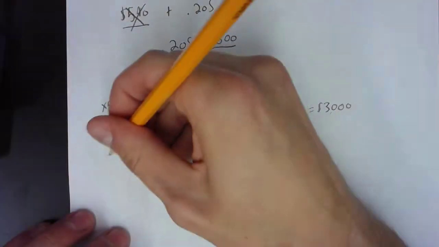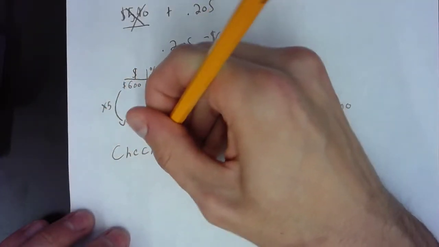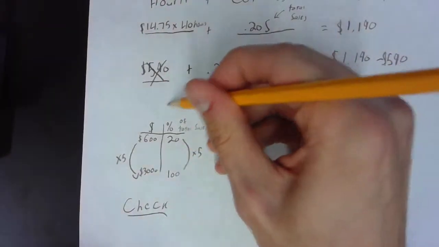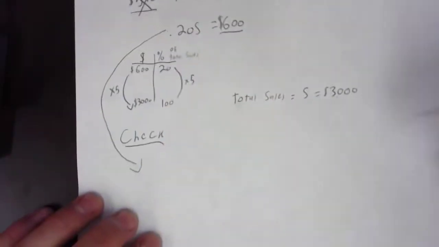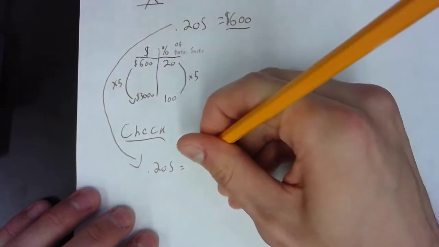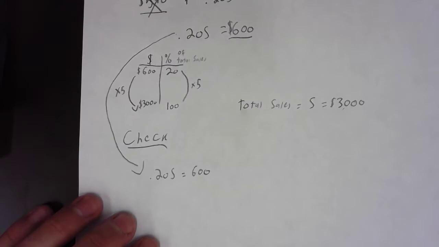Now, if we wanted to double check that, if you have a calculator, we can take this step right up here and bring it right down below, right? The 0.20 S equals 600, right?